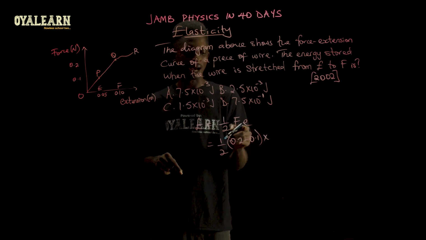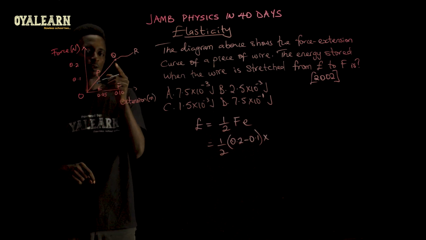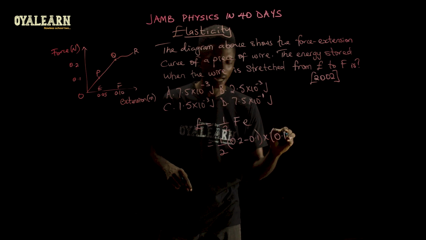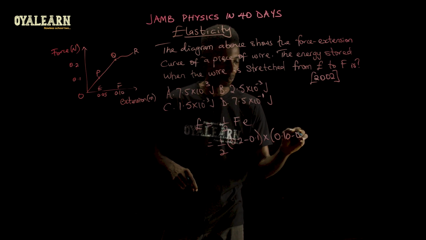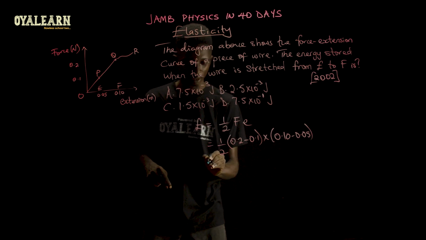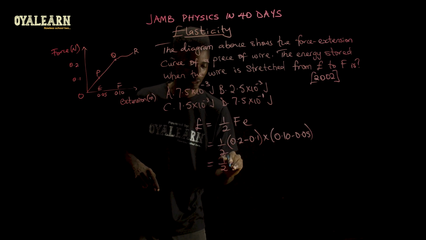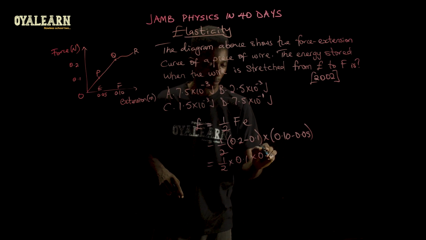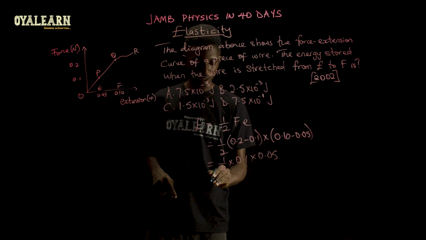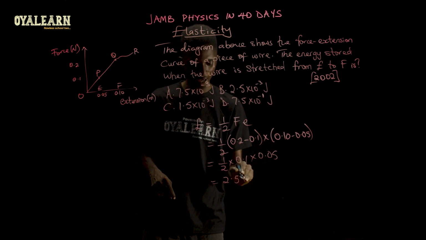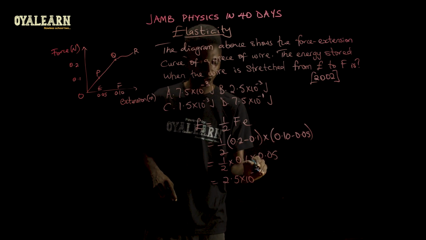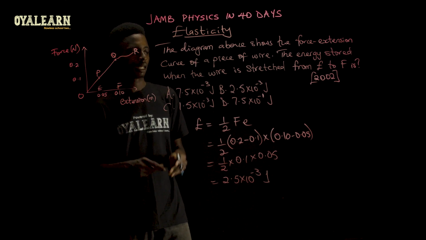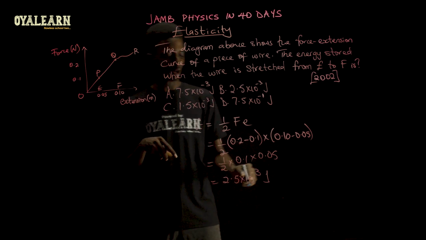Then multiplied by extension, which is between these 2 points also, 0.10 minus 0.05. Now, this will give us 1 over 2 times the difference here, 0.1, and the difference here, 0.05. When you multiply this, you get 2.5 times 10 raised to the power minus 3. And energy is measured in joules. So the correct option in this case is option B.